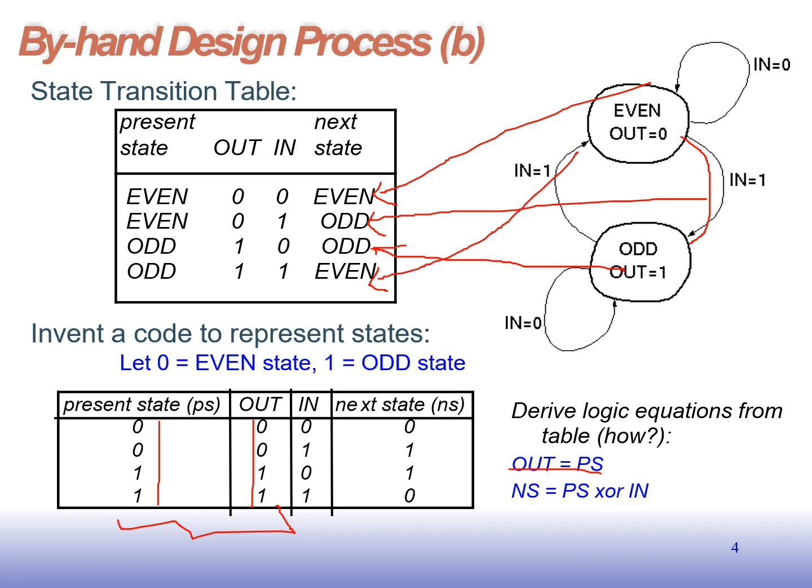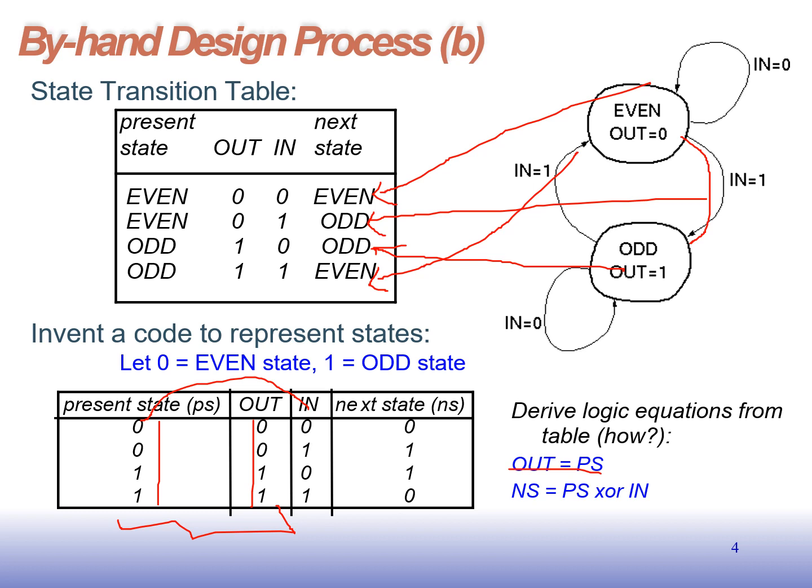Then the next state is defined based on the present state and the input: 0 0, 0 1, 1 0, 1 1.